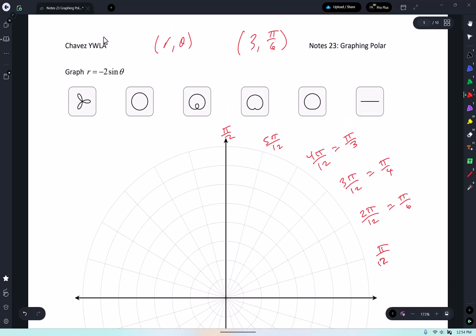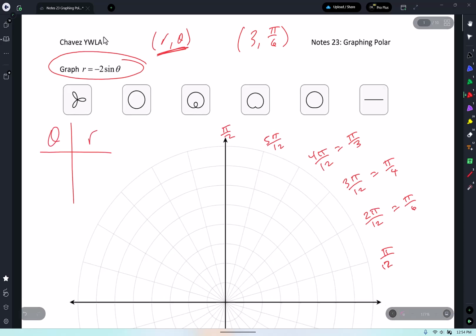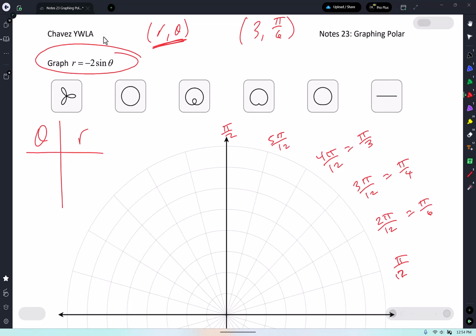All right, so check it out, guys. I know you have a calculator, but let's first see if we can derive some of these. See how that says negative 2 sine theta? I know it's an r comma theta, but I'm going to put the theta first because those are the ones we're going to choose, and then r. I'm going to try to choose thetas that are pretty, like 0. If theta is 0, sine of 0 is 0, and 0 times negative 2 is 0.